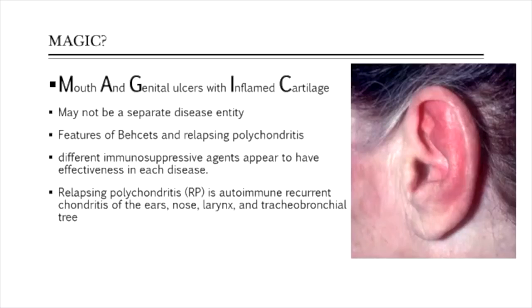It was thought that there might be a separate entity which includes Behçet-like presentations in combination with relapsing polychondritis. Chondritis is inflammation of the cartilage, for example where the cartilage of the ear has become very inflamed. Some people might have these two diseases together, and it was thought maybe they've got this condition called MAGIC, but nowadays those two conditions should really be pulled apart and managed separately as concomitant disease as opposed to a syndrome altogether.